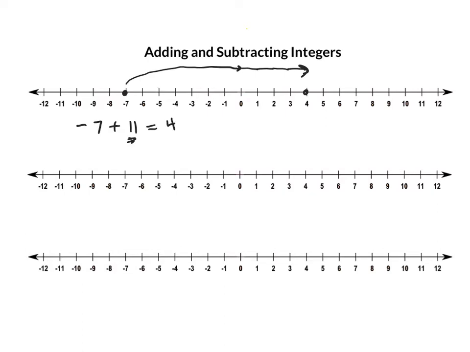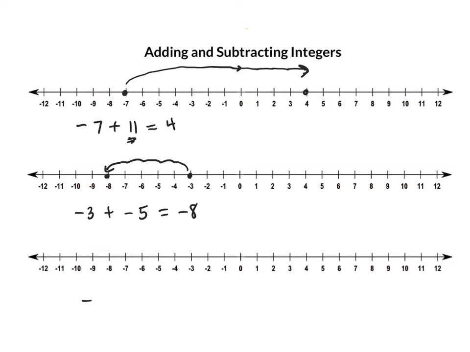How about -3 plus -5? If I'm at -3 and I'm going to go 5 in the negative direction, I will go 1, 2, 3, 4, 5, and I end up right there at -8. Last addition example.